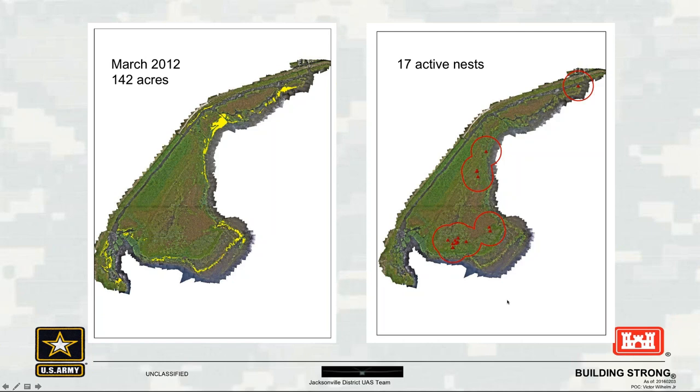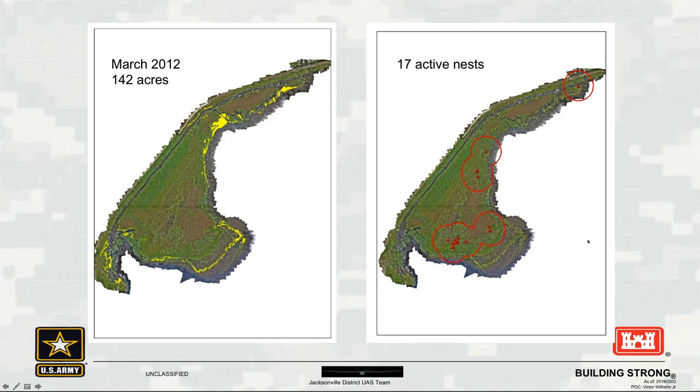But snail kites moved to the area and were nesting, so we wanted to see how our floating species, hyacinth and lettuce, were expanding without the aid of herbicide. We flew it in March 2012.